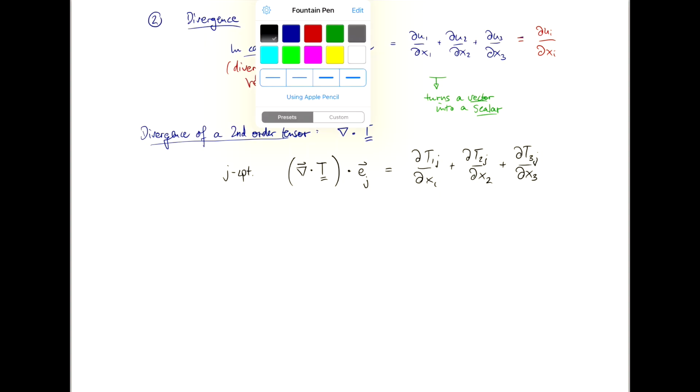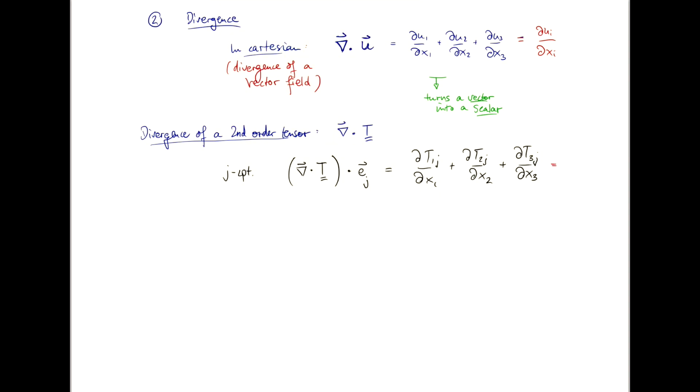And in index notation you would write this as dT_ij/dx_i. And if T here is actually the stress tensor, then the divergence of the stress tensor gives you the force component in the j direction on a fluid element. So the divergence in this case turns a second order tensor into a vector.